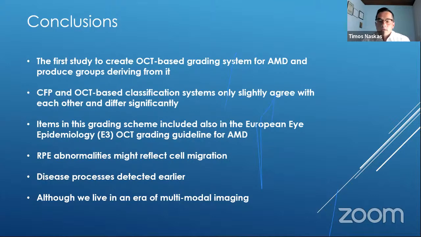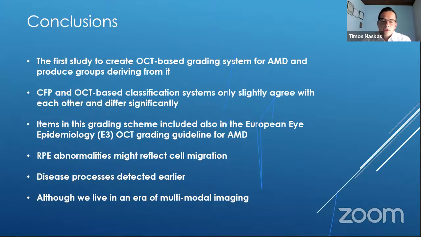And the prevalence of each stage, the way we saw it, was not linear. So that means that whenever you move from a less severe to a more severe stage, you should also have increasing risk for developing late stage AMD. This part of my research is not put in this table, but I can say that we did not find this increasing risk when we were moving from one stage to another.